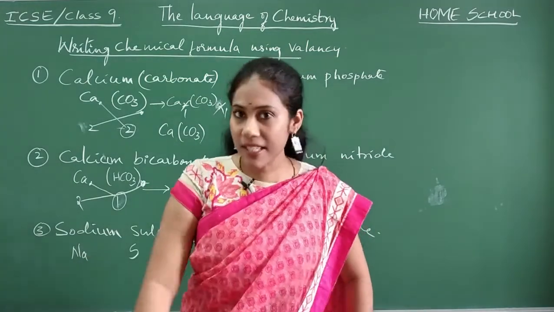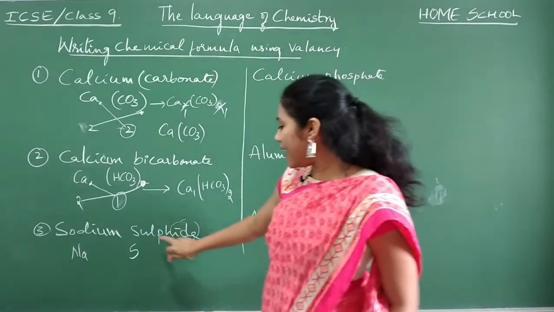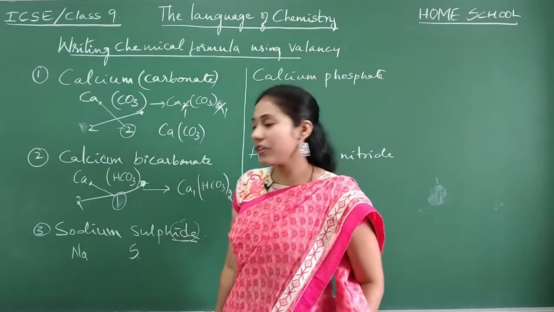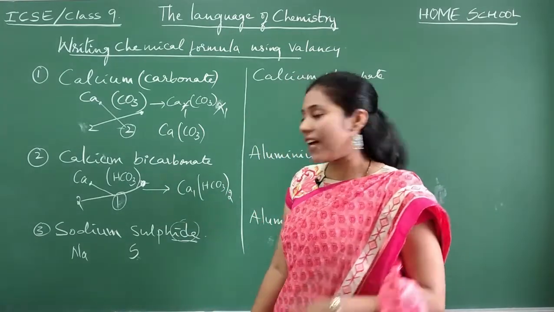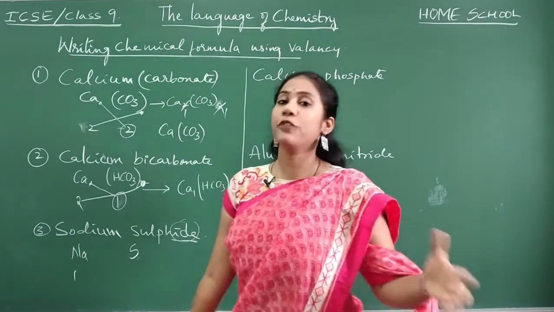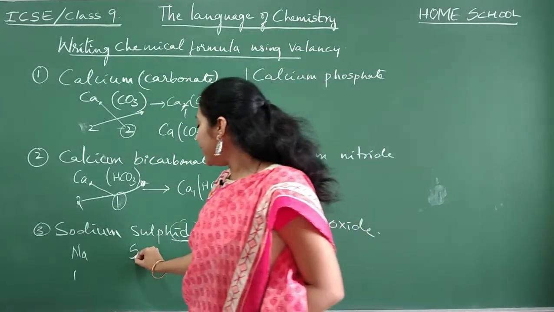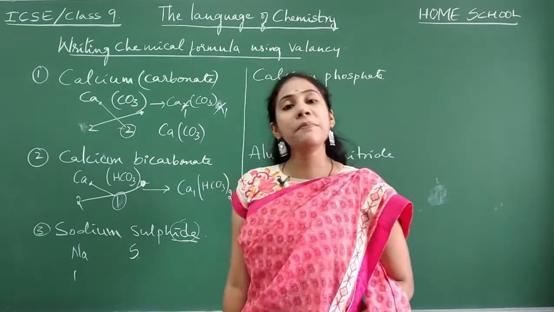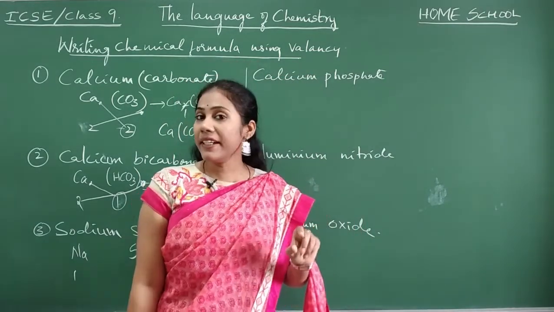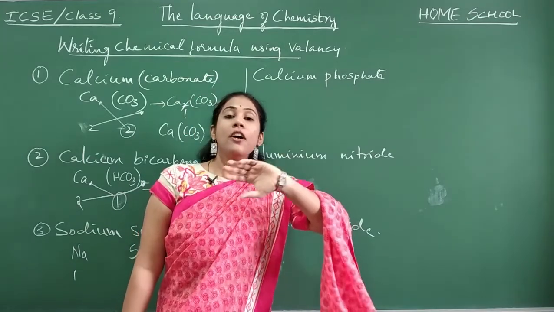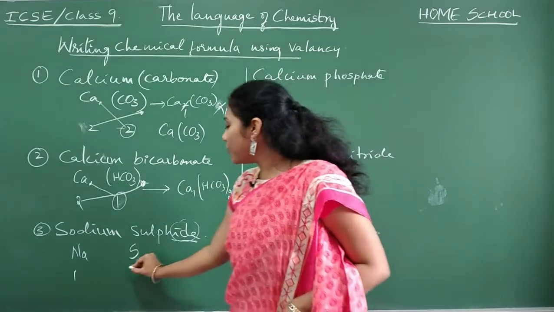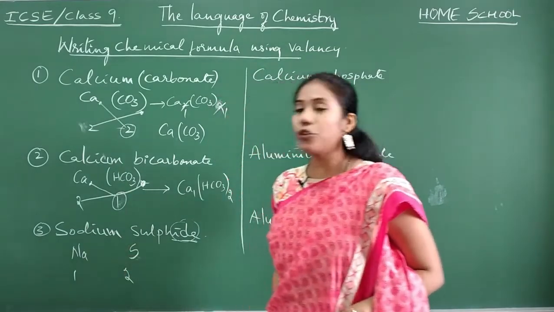Let us finish this. So here, try to understand, sulfide in the sense what element, guys? Sulfur itself. Now put their valencies below. Sodium valency is +1, the plus I need not consider. For sulfide, sulfur comes in the 16th group, like oxygen, right? 16th group elements have valency -2. So the minus I need not consider, just write 2.